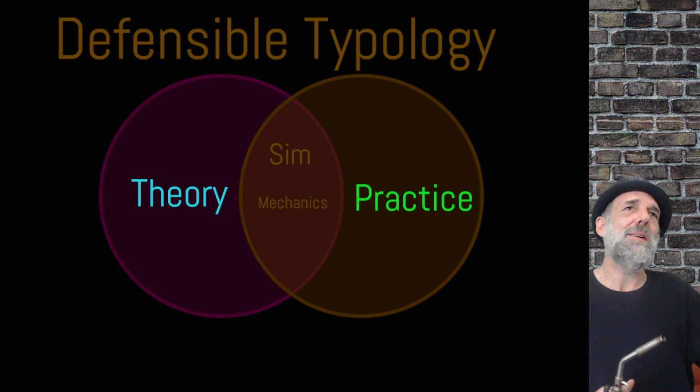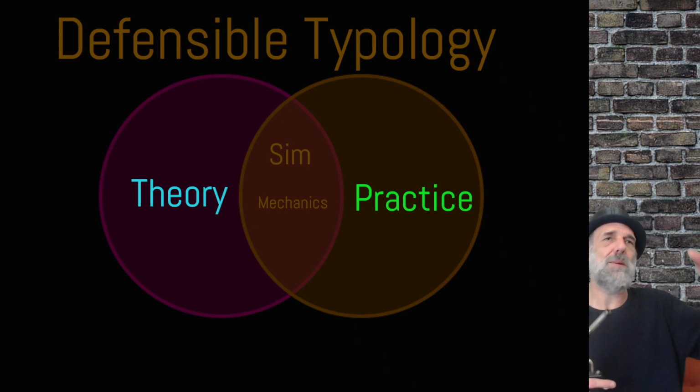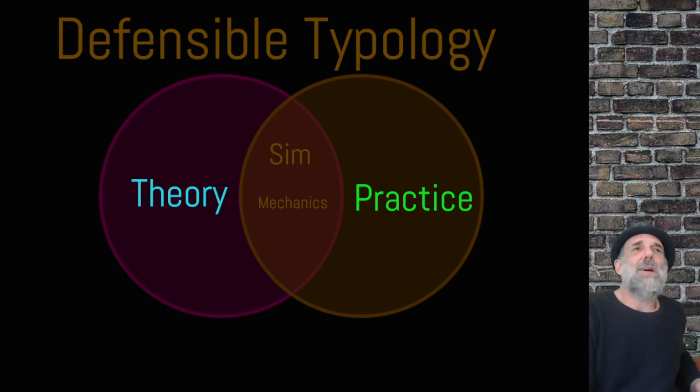It was originally suggested by the person who prompted this name making that it'd be theory and experiment, but experimental defensible typology and theoretical defensible typology. But I think practice is a better term here, and really the experimental part is that middle bit there, the part where the two circles overlap, simulation mechanics.